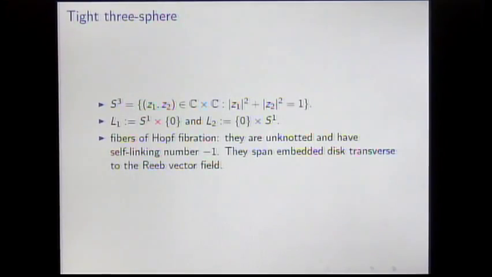And if we consider the Reeb flow associated to lambda naught, they are also periodic orbits of that flow. As we will see, they are unknots, and there is this other number that Hofer has defined. I will not define it. The self-linking number of such knots is minus 1. I will just call them Hopf fibers.